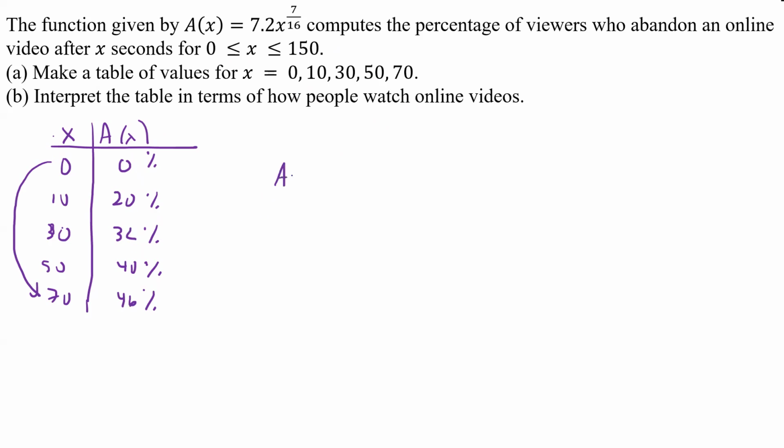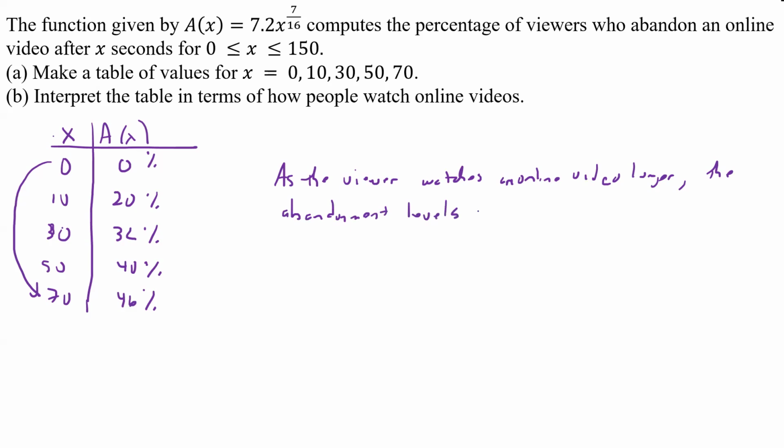And so as the viewer watches an online video longer, the abandonment levels off, we can say. Or it seems to, because it's really steep here, and then it starts slowing down. So it looks like the higher you go on seconds, the more it's going to level off.